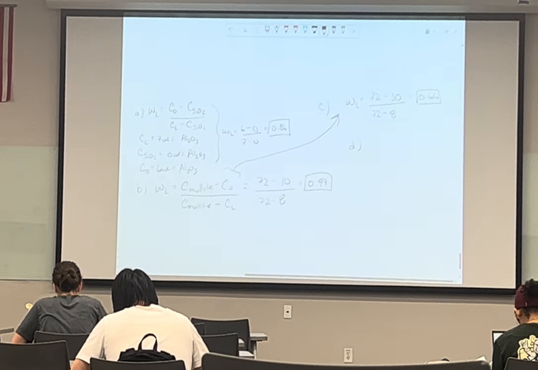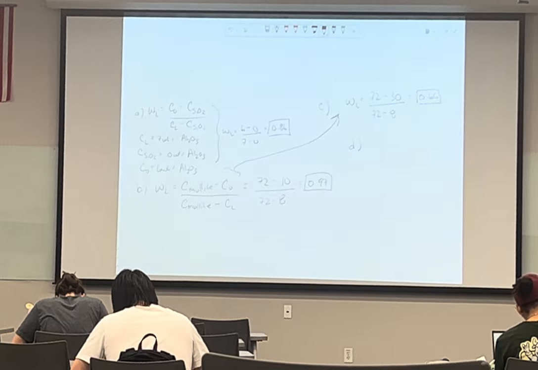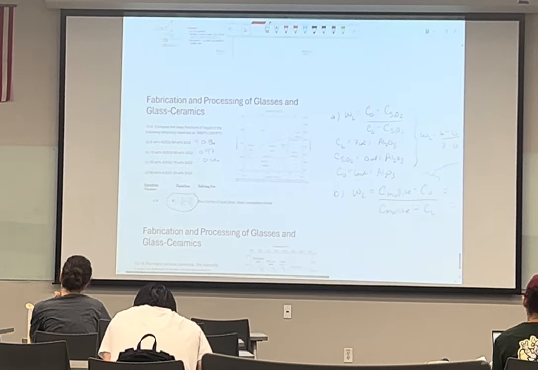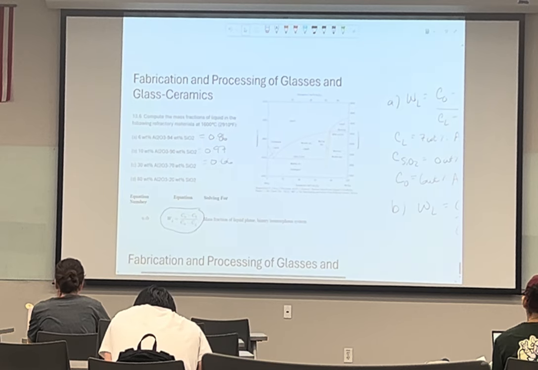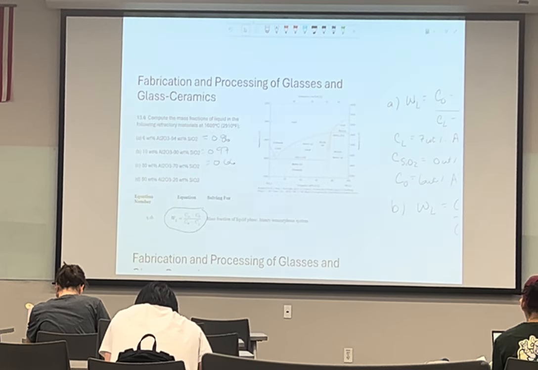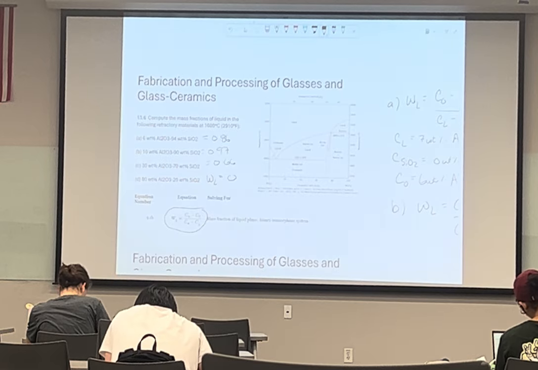And then quickly we're going to do part D, and part D is a no-brainer. So for 88% of the alumina, 20% of the silicon dioxide composition at that temperature, only alumina and mullite phases are present, which means that our mass fraction W subscript L is going to be equal to 0 at that point.